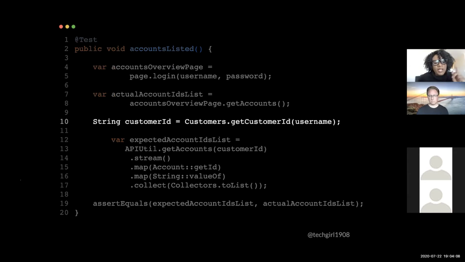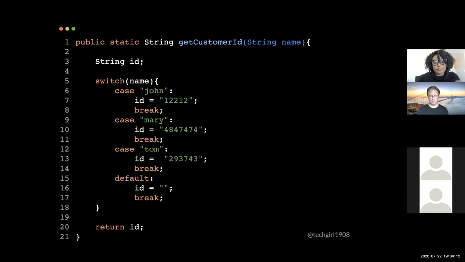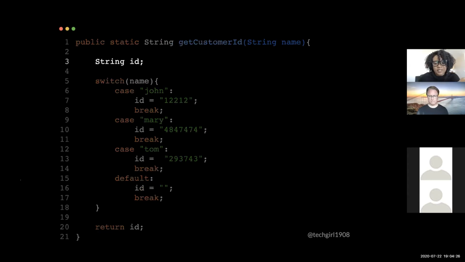How about we look inside of this get customer ID method? So this method is holding our test data. And based on the name on the account, it's returning the account ID. So this is using switch statements. And notice we have to declare the variable. Then we specify each case we want to handle.